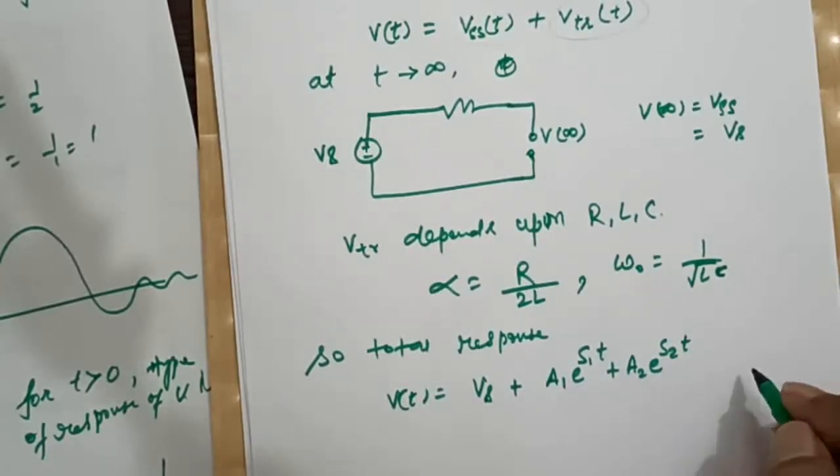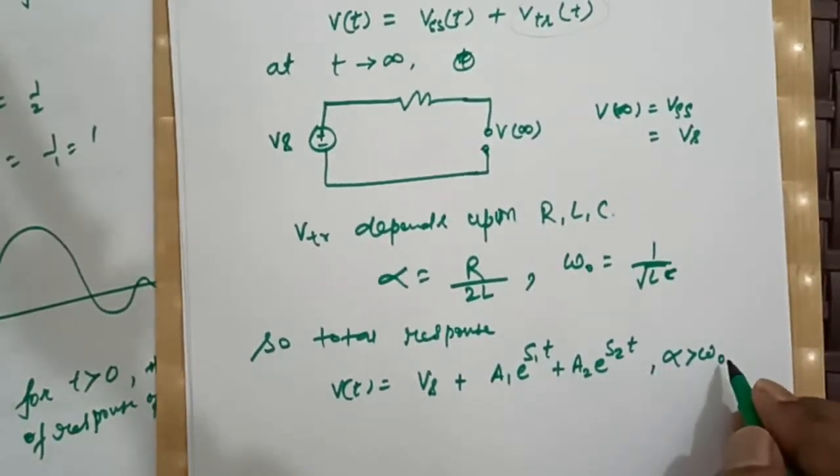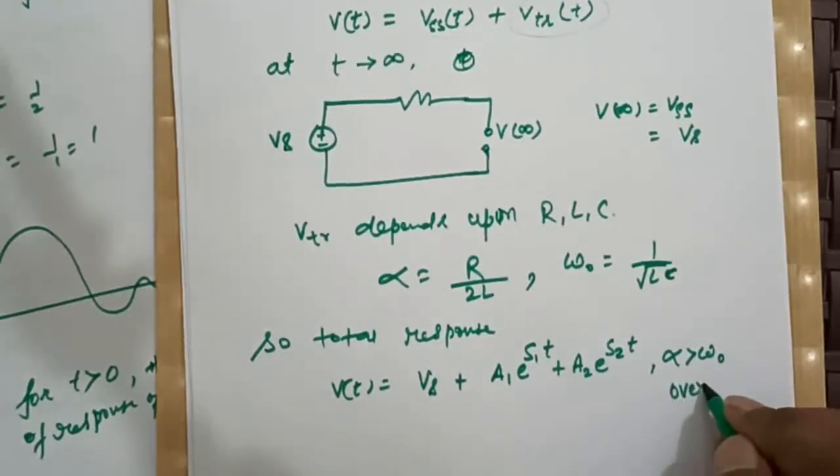For which condition? If alpha is greater than omega naught, as in the previous case, this is for overdamped.